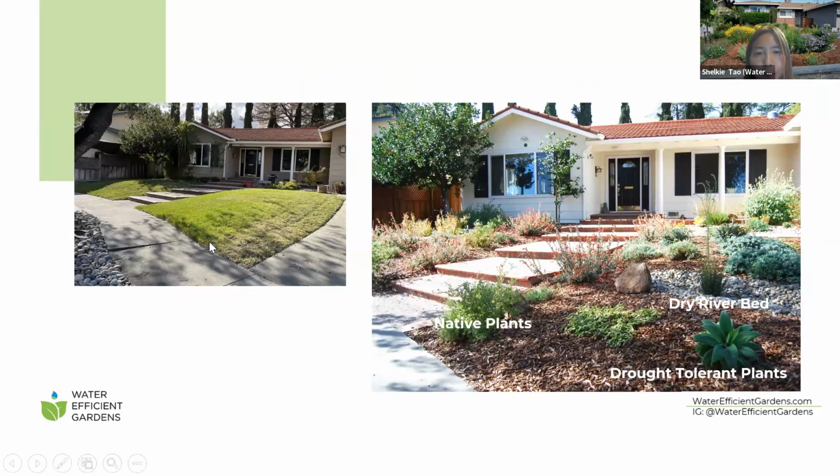Here is one more such water-wise landscape. All these plants are native. This is a succulent, so not native, but the majority of them are natives. This you can say is a small dry riverbed. Actually, there's a rain garden here. We can't see very well, but the rain garden is on this side, and the dry riverbed on this side.